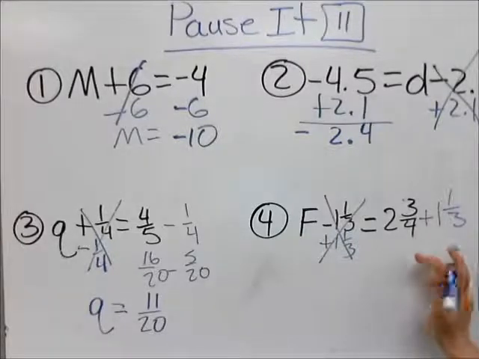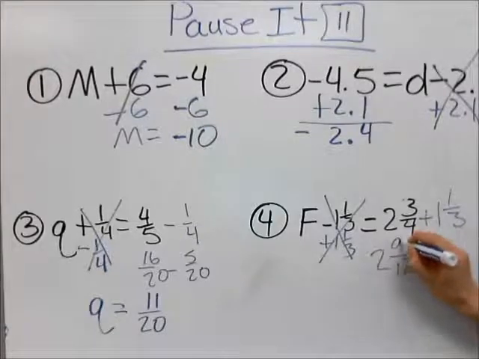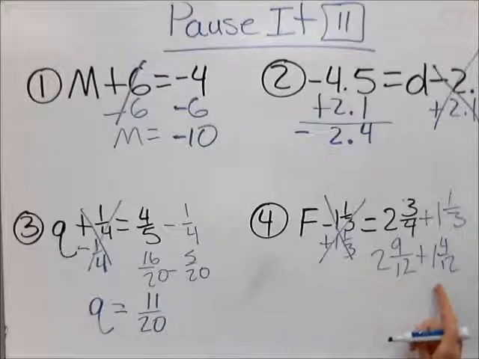I've got to get like denominators. 12 is a good like denominator. So I get 2 9/12 is my new fraction, or mixed number, and 1 4/12. Okay, and now I'm going to add those two together.